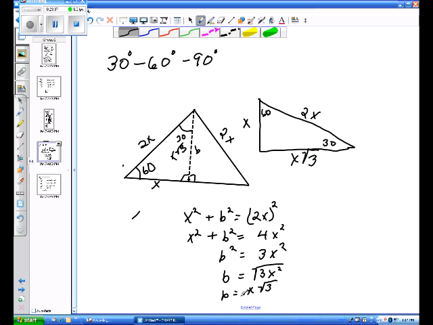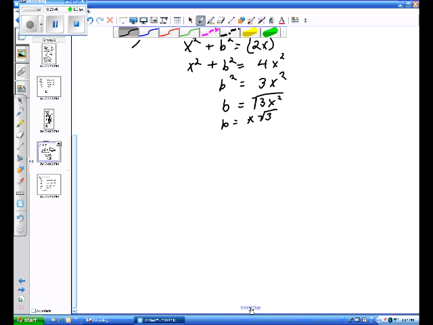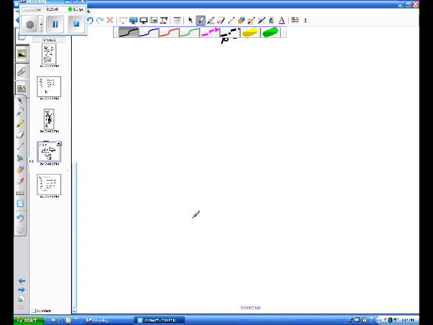Now that means that if we have a 30, 60, 90-degree triangle, and we know any of the sides, then we can solve it. So let's take this one. We'll say that this is 30 degrees and this is 60 degrees. Here's our right angle. And let's say we're told that the side opposite the 30-degree angle is 5. Now we want to find our other sides. What I would do is put in my ratios.